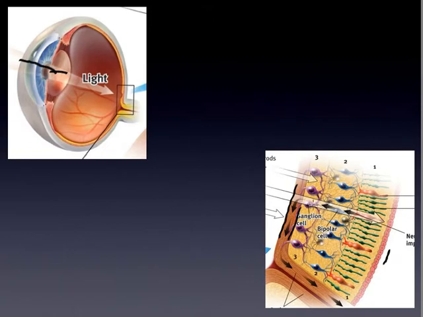And so in a sense, the light comes down here, is registered, and then the signal itself is sent back up in this direction through the bipolar cells that are picking up the signal off of the rods and cones, and then to the ganglion cells beyond that.